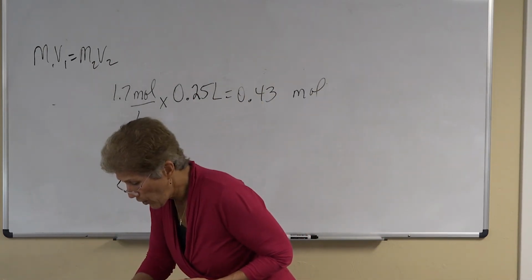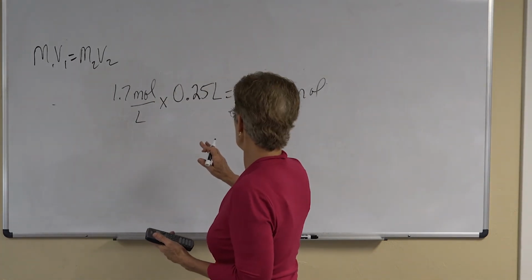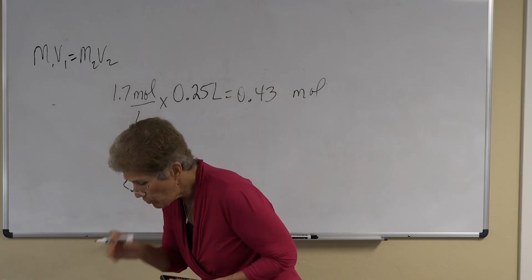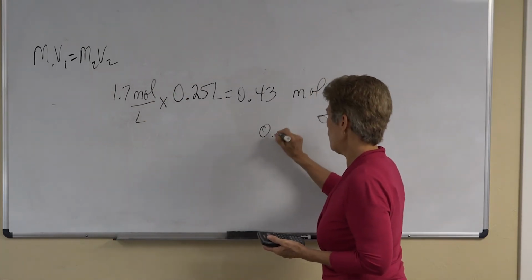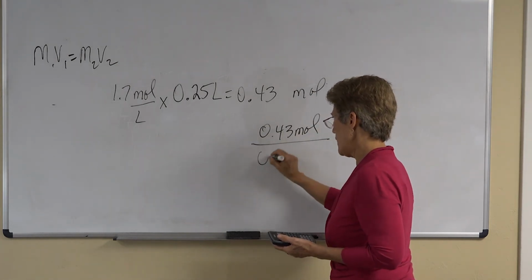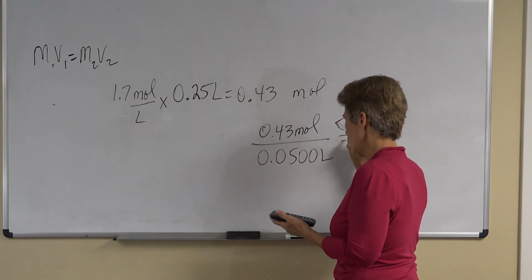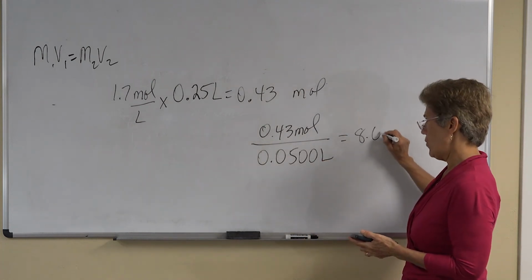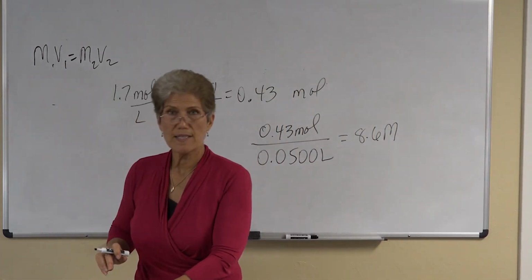And we're looking for the molarity of the first one, but we're told that we used 50 mils. So we have 0.43 moles divided by 0.0500 liters, and that gives us 8.6 molarity.